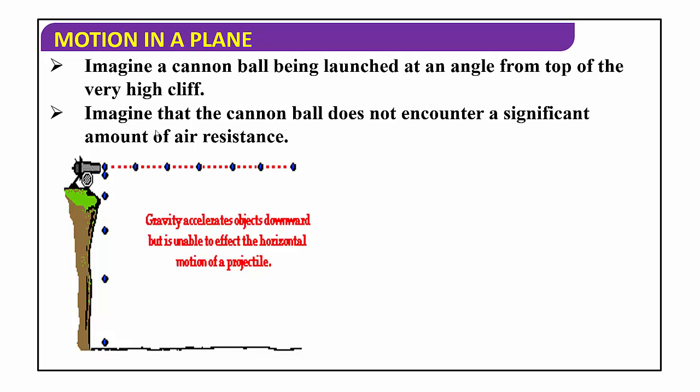At this position we considered a cannonball at the top of the high cliff. Now here for this cannonball there is no air resistance, meaning the air is not opposing this cannonball. The resistance from the air is completely negligible.